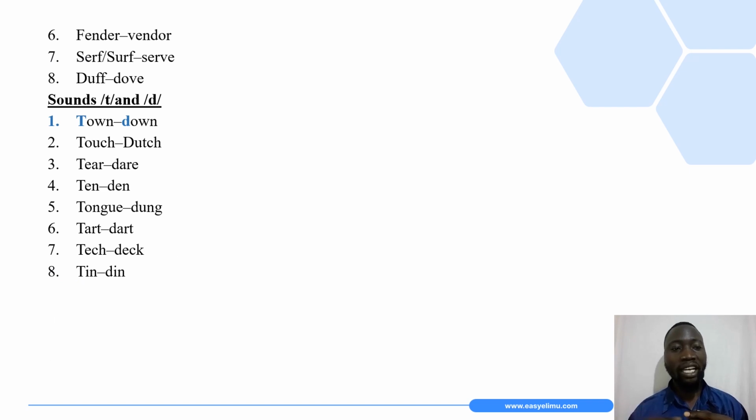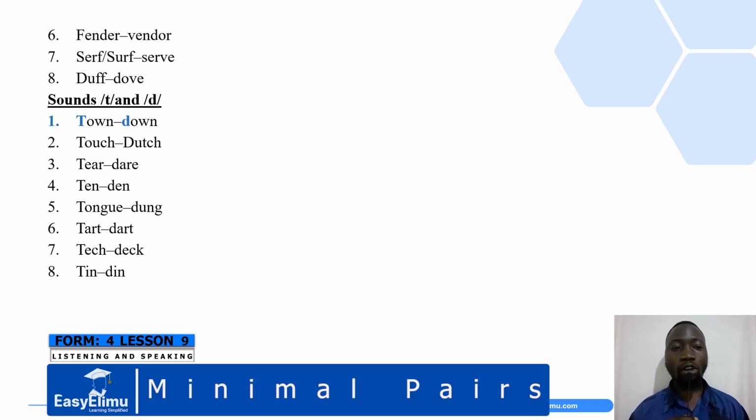Then we have other examples like fender and vendor. We have surf and serve. There is also dove and duff. So you're able to see the difference in those pairs of words, that is looking at the consonant sounds F and V.